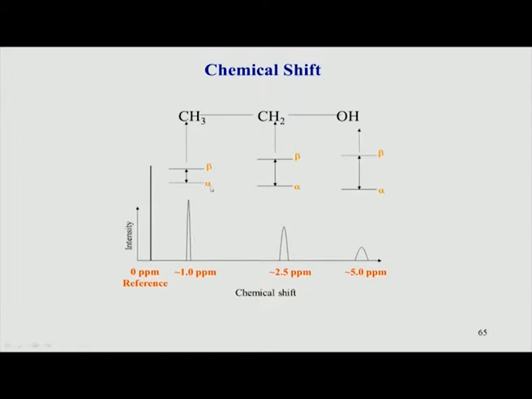That is why this peak comes at a different location compared to this peak, because it has a different resonance frequency and therefore a different frequency of excitation, and similarly this OH will have a different frequency of excitation.